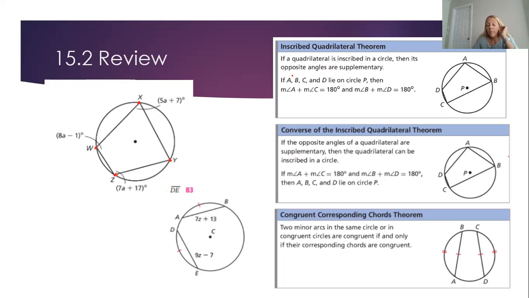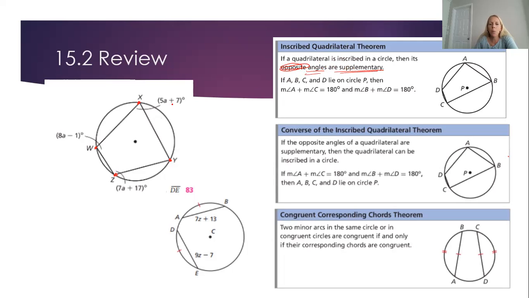We have inscribed angles, which we already know are half of their arcs. We also have some information about an inscribed quadrilateral. What you see here is that the opposite angles are supplementary, and we know that means 180.